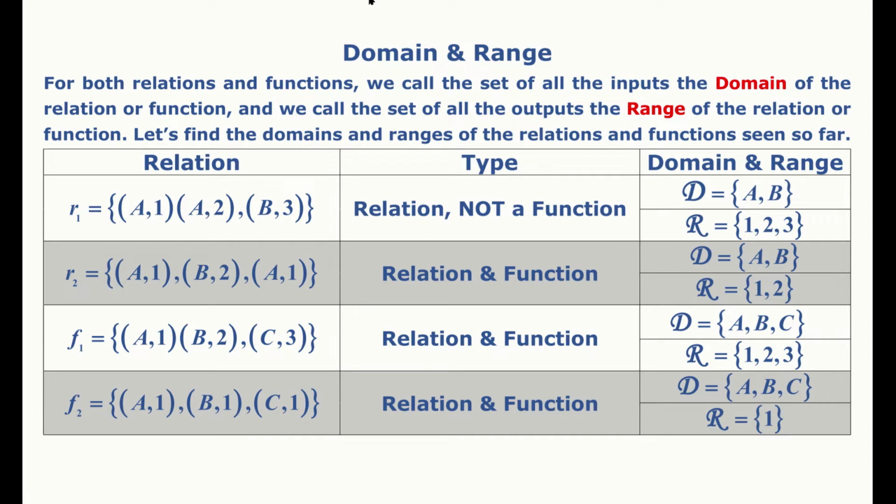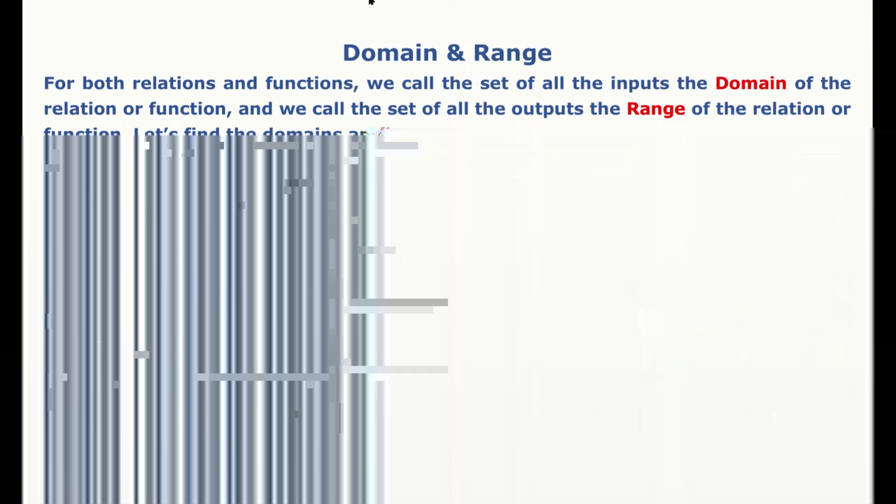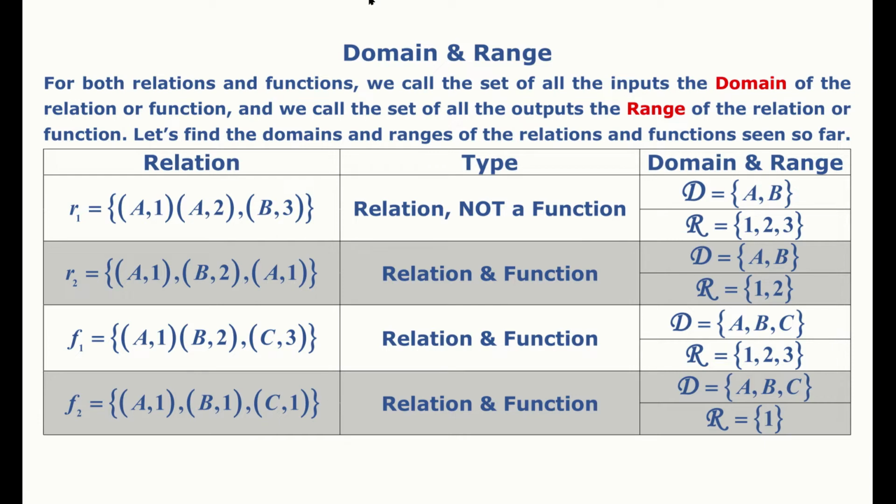So the domain of this constant function has the elements A, B, and C in it, just like that. And the range has the element 1 in it. That's it, a single element in the range. That's the telltale sign of all constant functions. Their range is always composed of just one unique element.